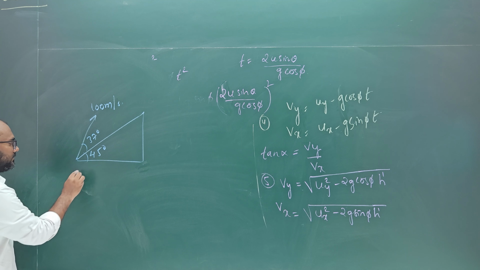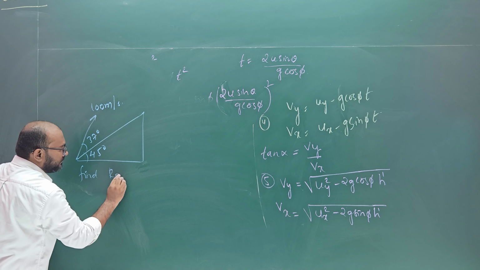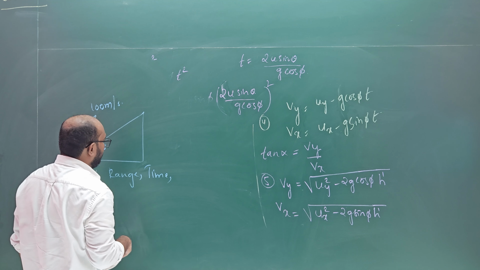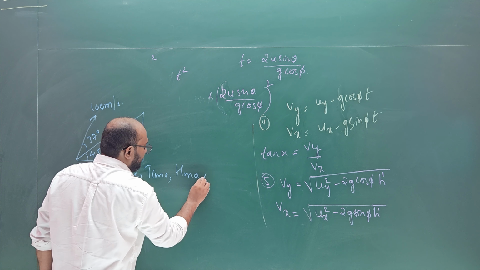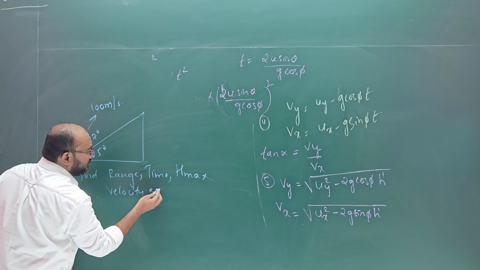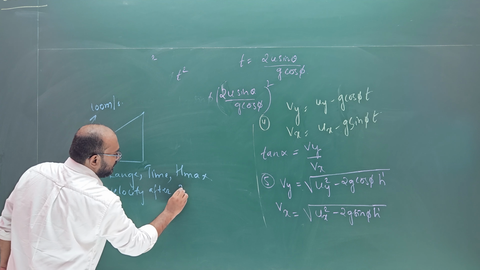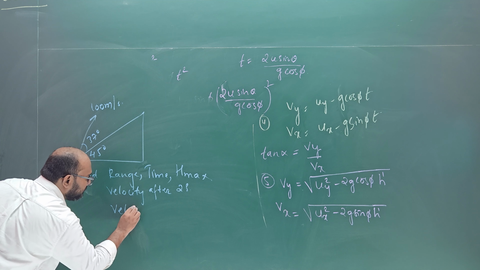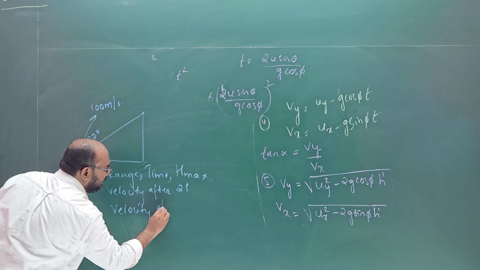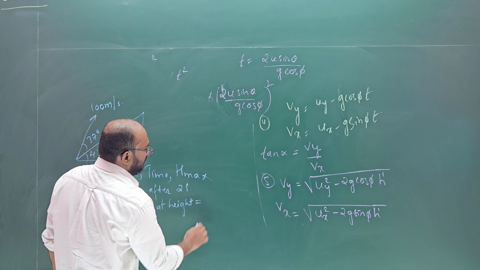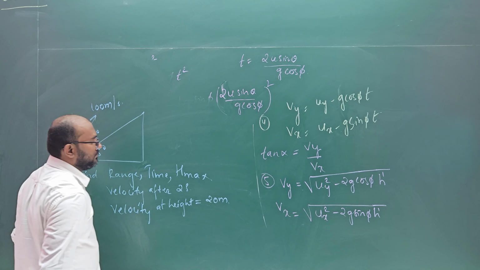Find the range, then the time period, then Hmax, then the velocity after 2 seconds. After 2 seconds, for 37 degrees and 100, it will come to more than 40. That means the velocity at a height of 20 meters. Okay, go ahead and pass the time.